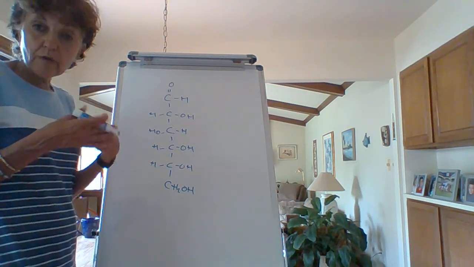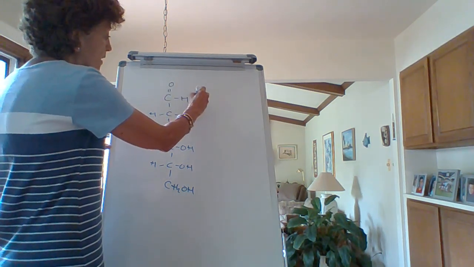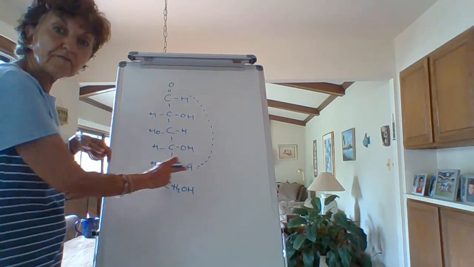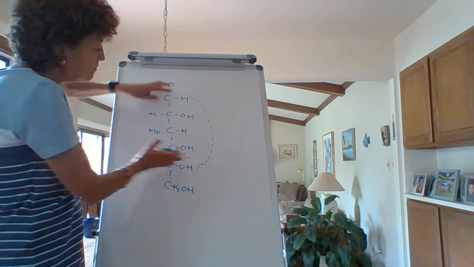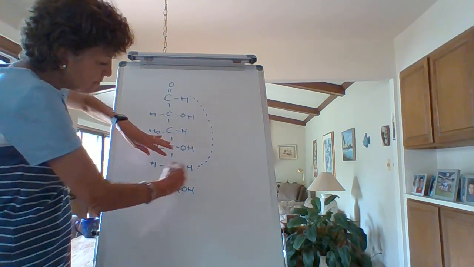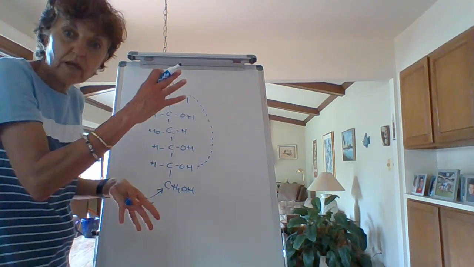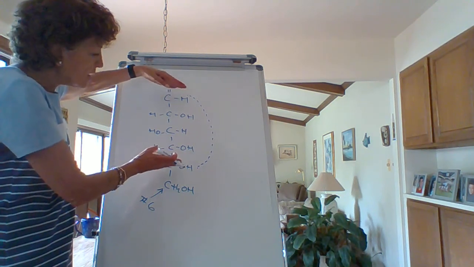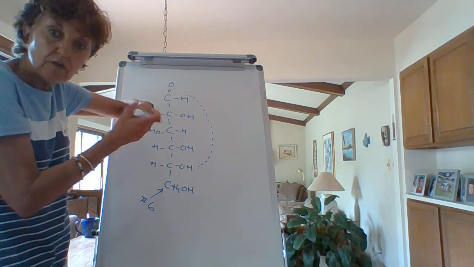So in order to create our hemiacetal, you're going to have this aldehyde group reacting with carbon number 5 alcohol. So you're going to have this become the ring. And then this carbon number 6 is outside of the ring. So you're going to create a ring between carbon 1 and carbon 5, a hemiacetal ring.